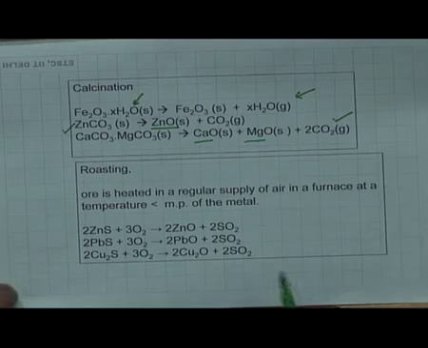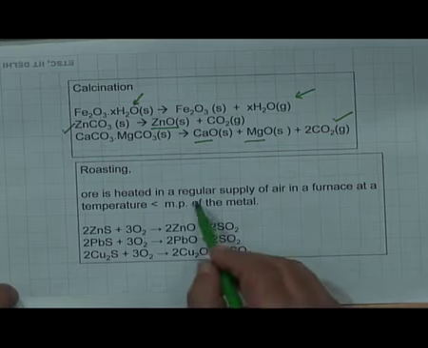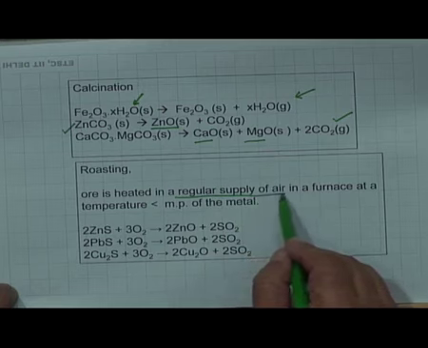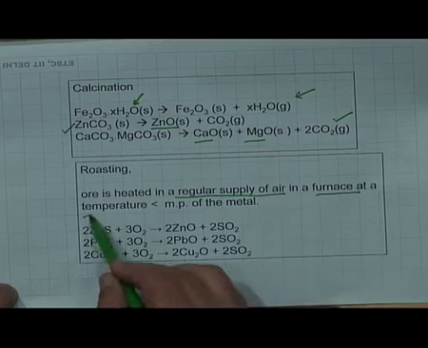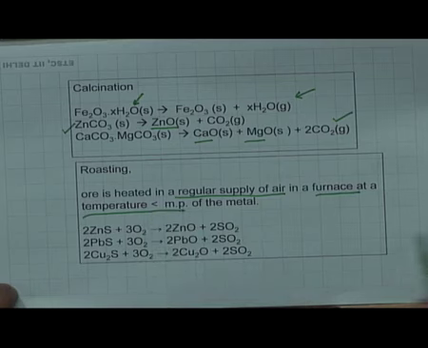In the case of roasting, the ore is heated in a regular supply of air in a furnace at a temperature less than the melting point of the metal. This temperature is very important. If the temperature is higher than the melting point of the metal, what will happen?